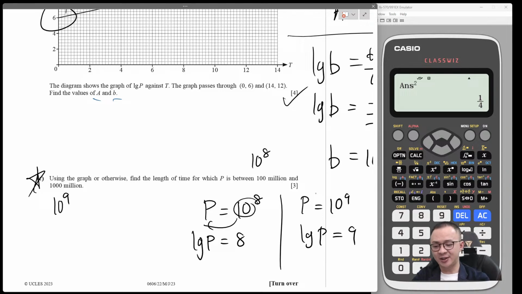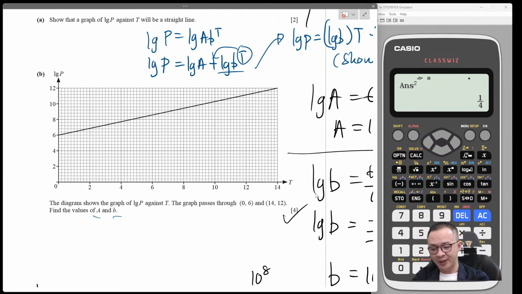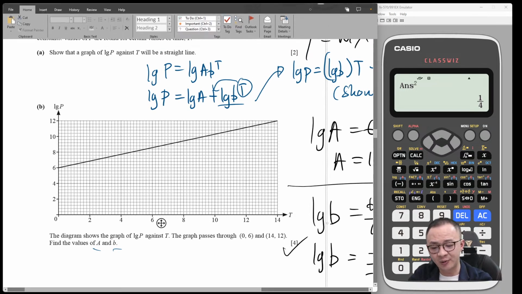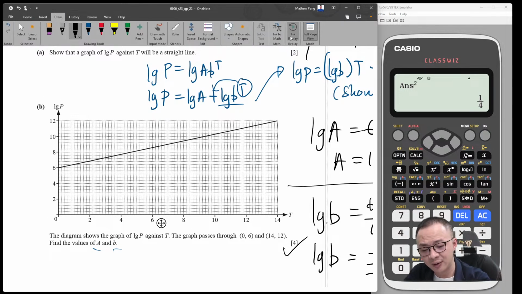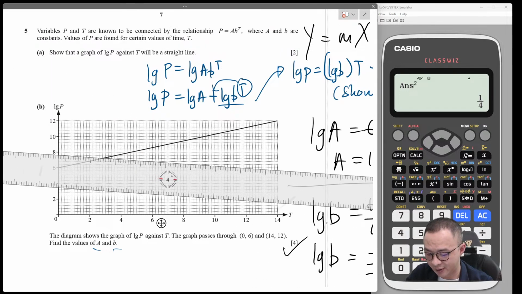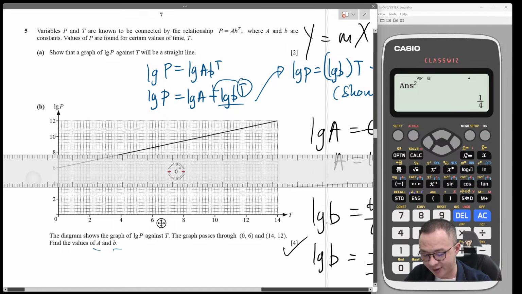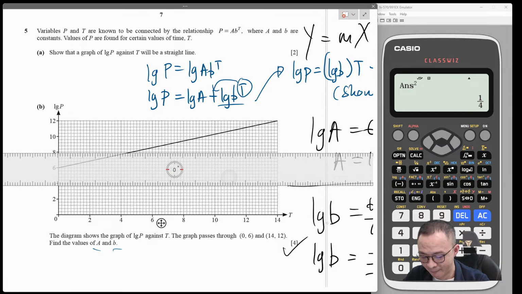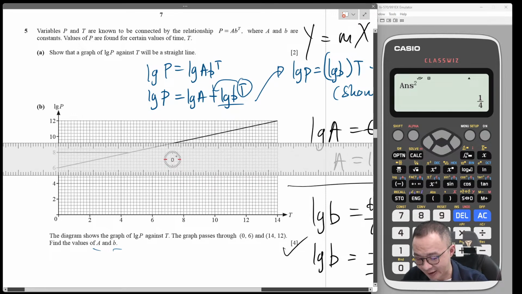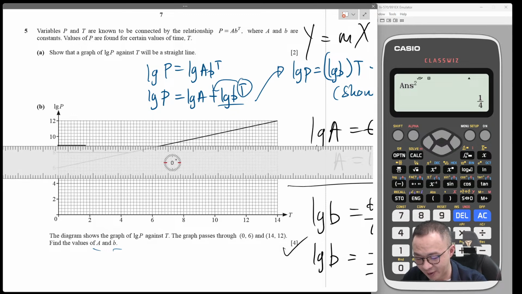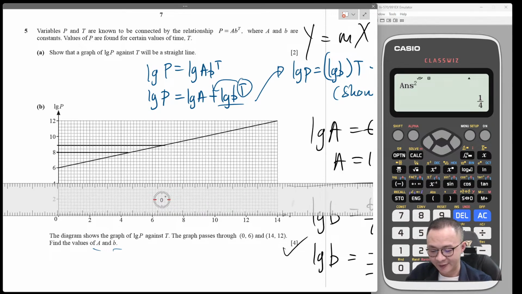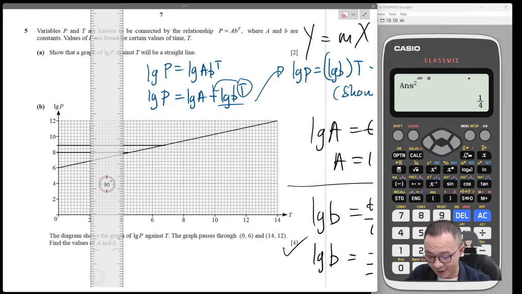So I will just see where's my log P, and then I want to get some 8 and 9. So I will just use the ruler to actually get it. I hope I can. Okay, this one, because it's a digital ruler, so I don't expect high accuracy from me. But I will try my best, okay? So this is 8. This one will be 9, I guess. So see what value I get here.